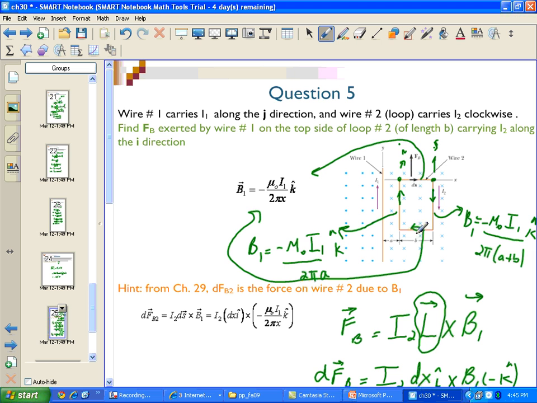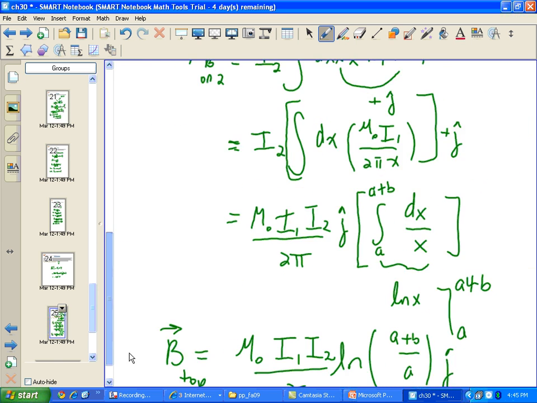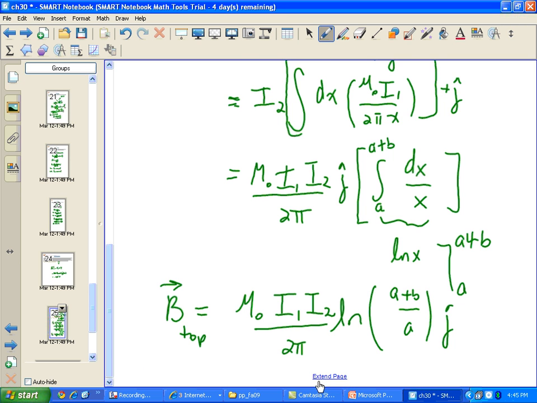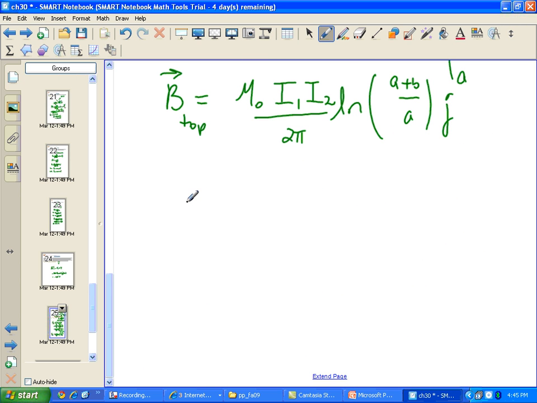It's going to be in the minus j hat direction at the bottom. And if we were to add the top and the bottom, they would cancel each other out. But the magnetic force on the left side and on the right side of this loop is not going to cancel. And let's just see if we could work out what it would be.